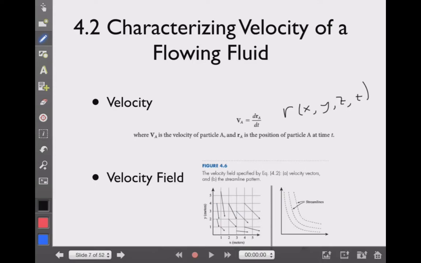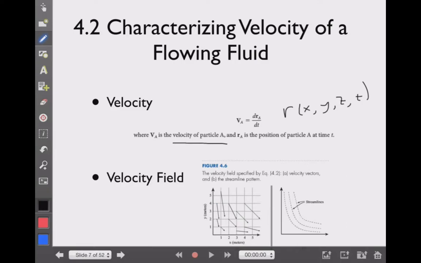The particle can be moving around in time and in 3 dimensions. And so that's our familiar definition of velocity. And note that this is the velocity of a particle. So if we were to specify this, we'd have to be following along with the particle in x and y and z and keeping track of how its position is changing in time.